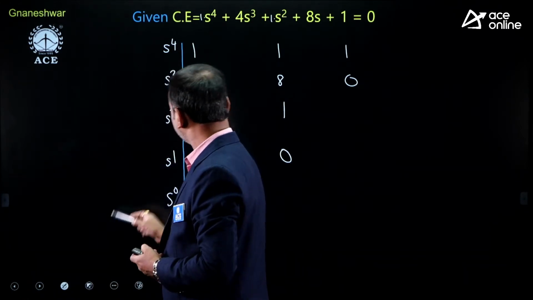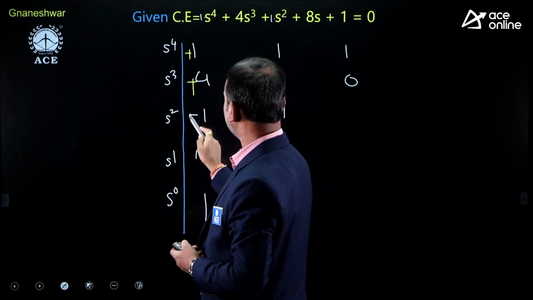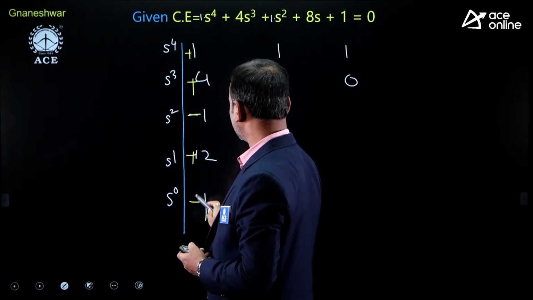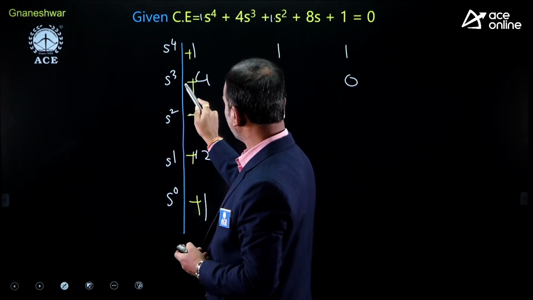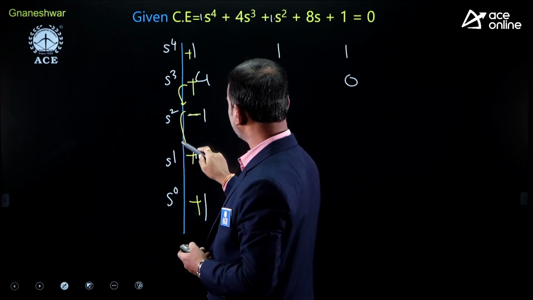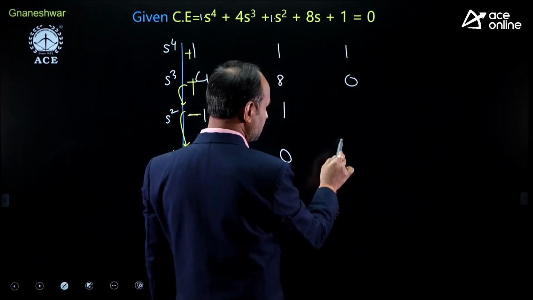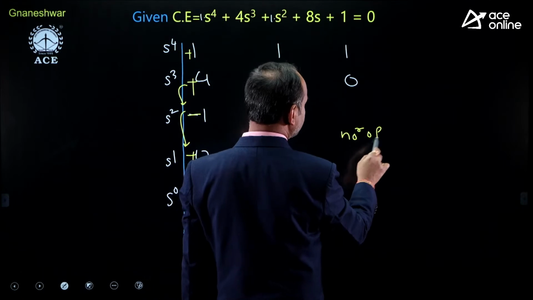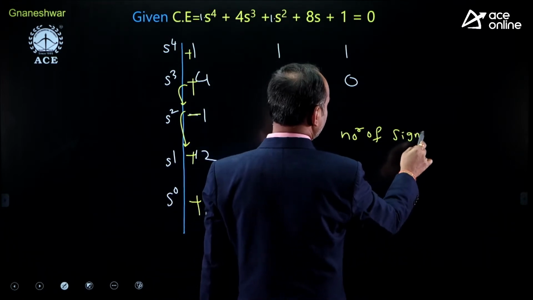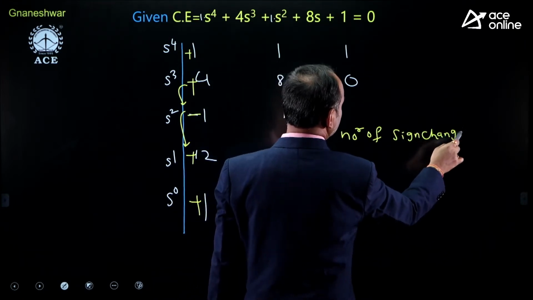Now notice: positive, positive, negative, positive, positive. Positive to negative is 1 change, negative to positive is 2 changes. So the number of sign changes here is 2.